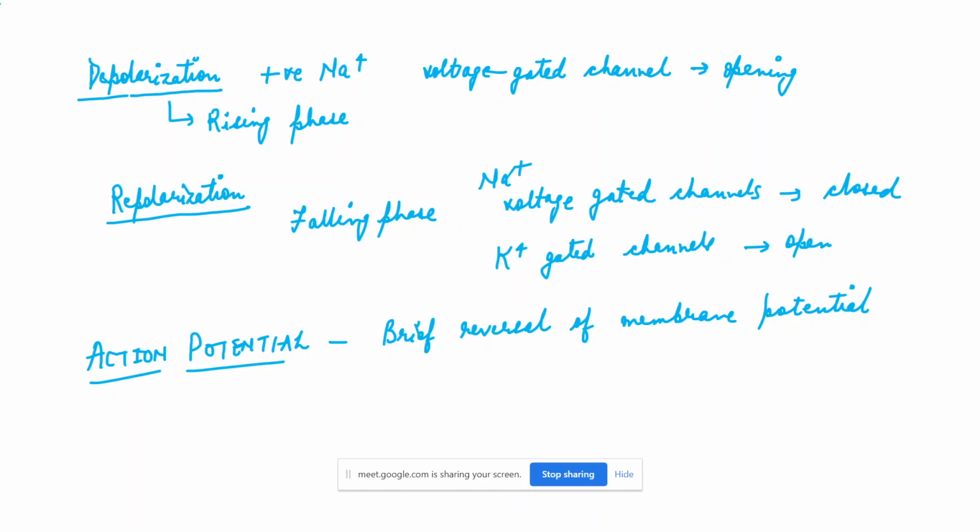Here, during depolarization, your membrane potential is going to change from a resting potential of somewhere around minus 70 millivolts to plus 30. And that is why we are saying that this potential is changing from negative to positive.